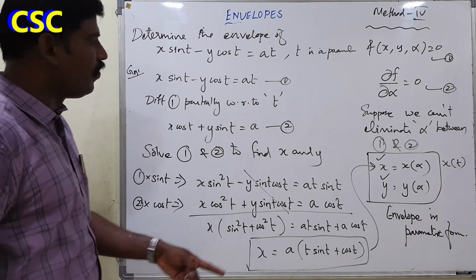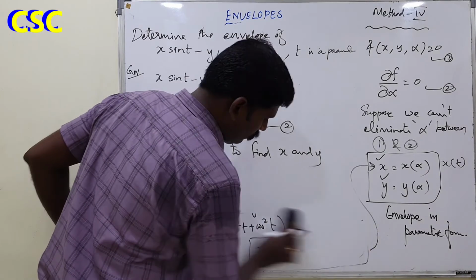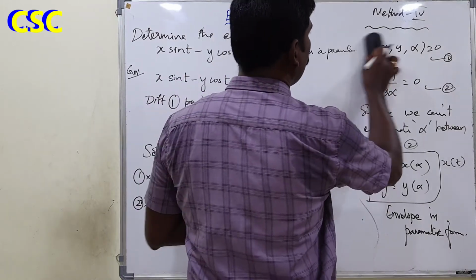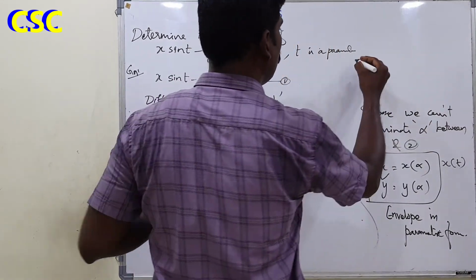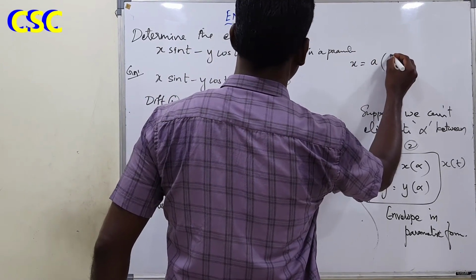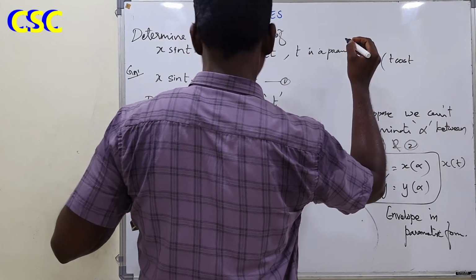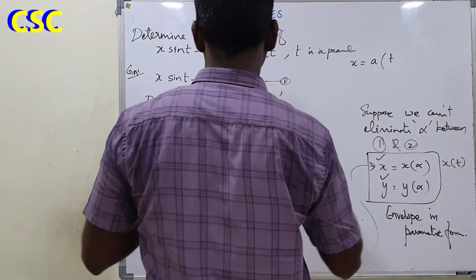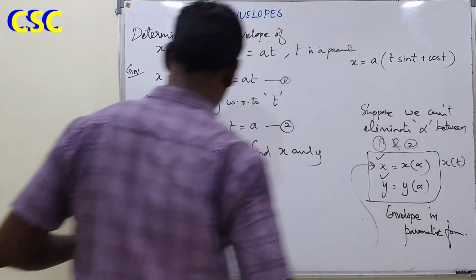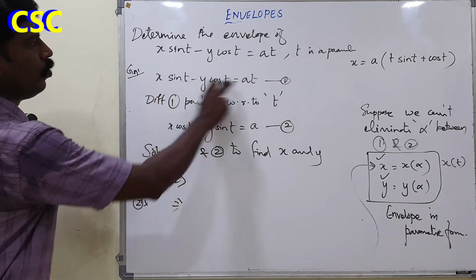I am going to find the value of y by multiplying. What is the value of x? x equals a into t sin t plus cos t. Now to find y, I am going to multiply this equation 1 by cos t.